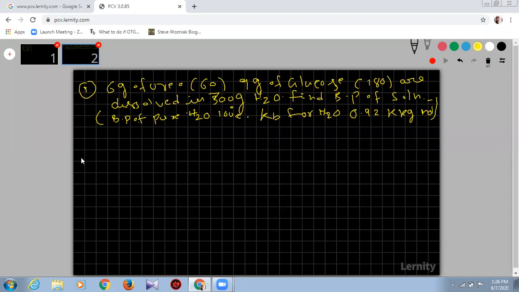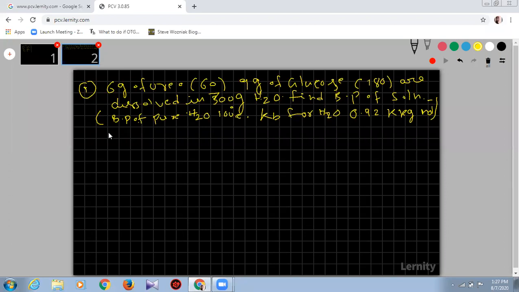First we are supposed to look at the data given: 6 gram of urea and 9 gram of glucose are dissolved in 300 gram of water. Find the boiling point of solution. Since it mentions the boiling point of water, it would be related to elevation in boiling point.